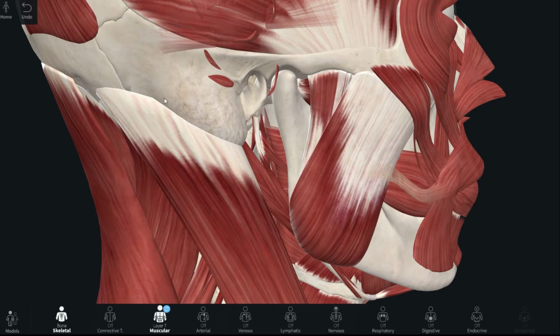So what will be the name of the artery which is posterior to the auricle? Yes, very common name. Posterior auricular artery. Very good.